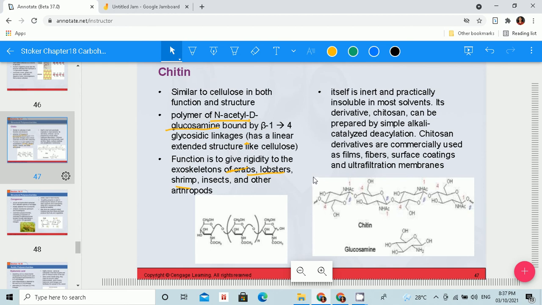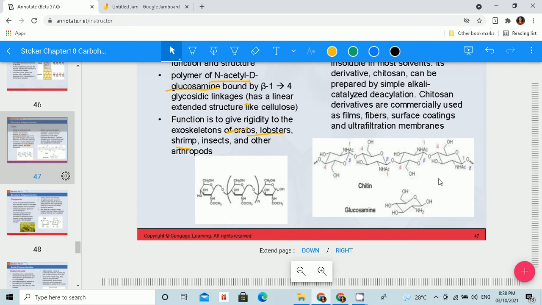And its derivative chitosan can be prepared by simple alkali-catalyzed deacylation. Chitosan derivatives are commercially used as films, fibers, surface coatings, and ultrafiltration membranes. Okay, so we have this one, our chitin.